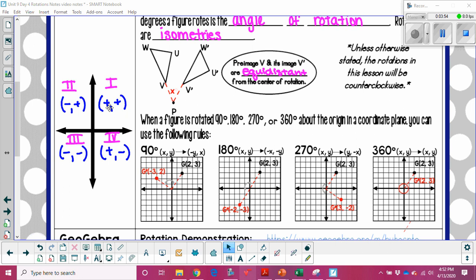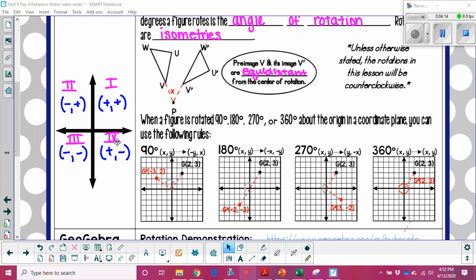Okay, let's go back to quadrant 1. If I'm in quadrant 1 and I'm rotating 270 degrees, that's 90 degrees 3 times. I'm going to end up in quadrant 4. I'm going to go 1, 2, 3. The signs for X and Y are going to be positive and negative. And when you rotate 270 degrees, your X and Y values are going to switch again.